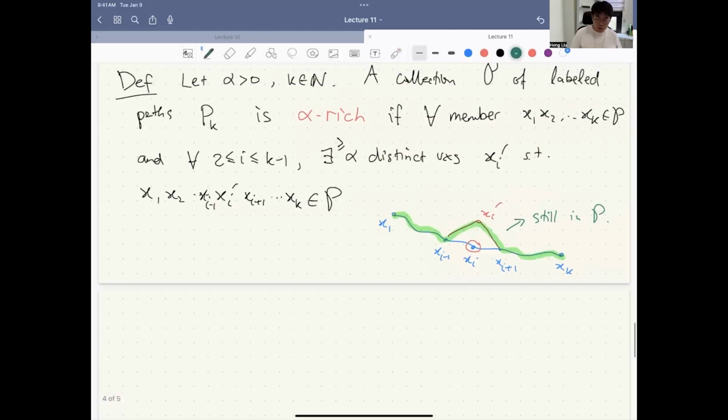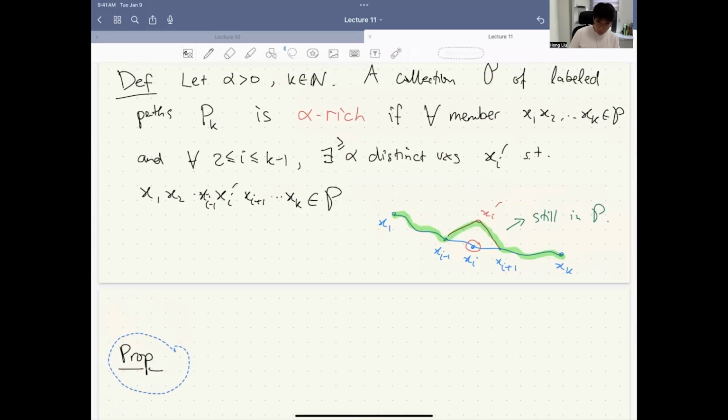So let me write it. This is the proposition, how we grow the grid. This proposition is the main idea.